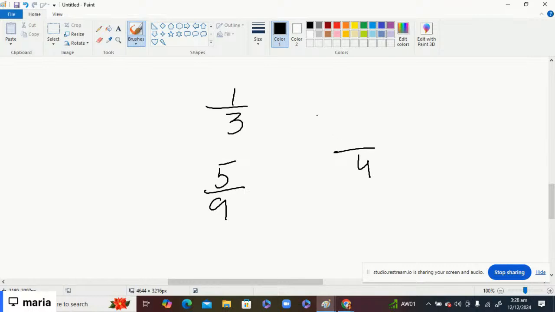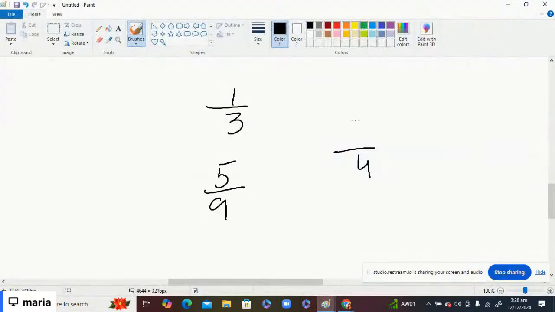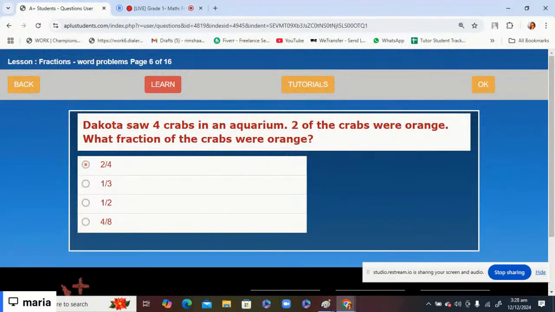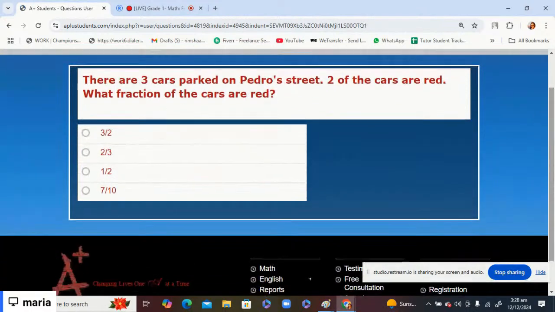And how many were orange? 2. 2 were orange. This is 2 by 4. Okay. It's 2 by 4.